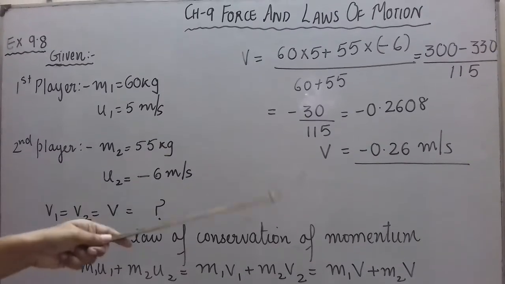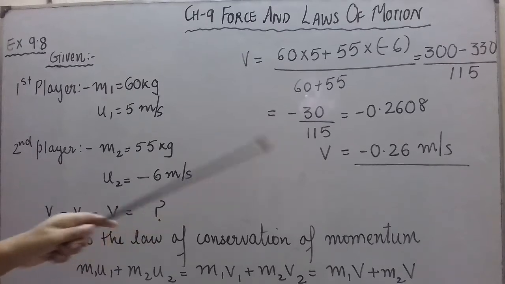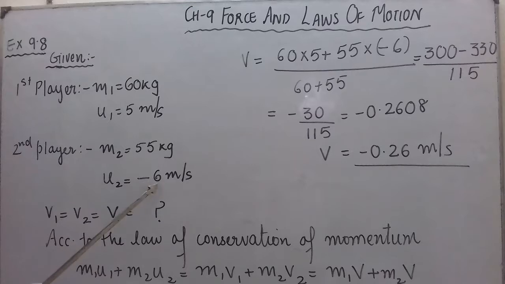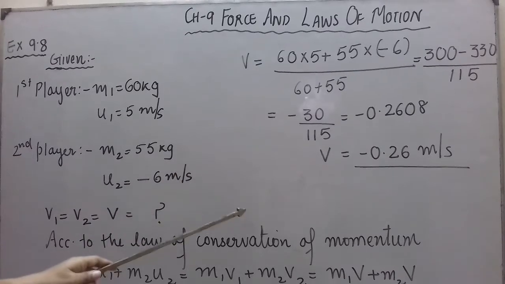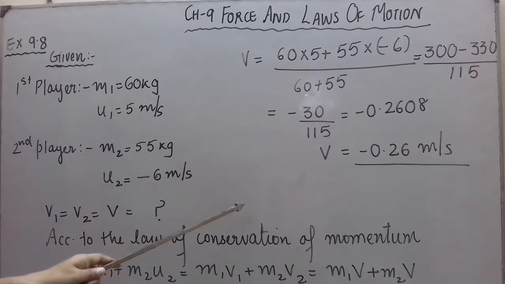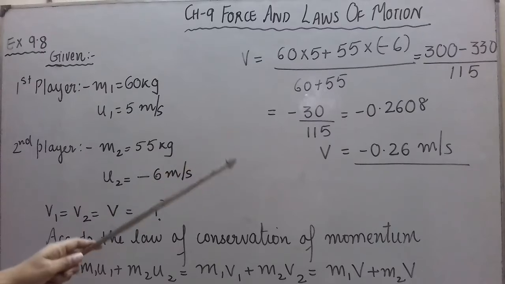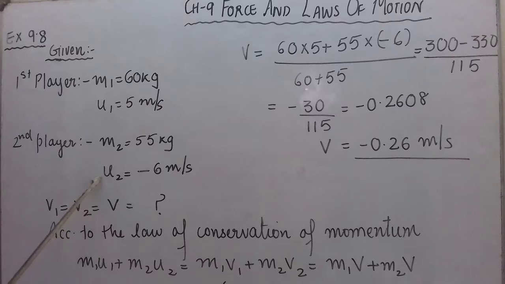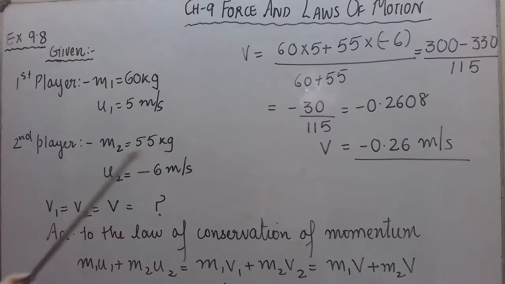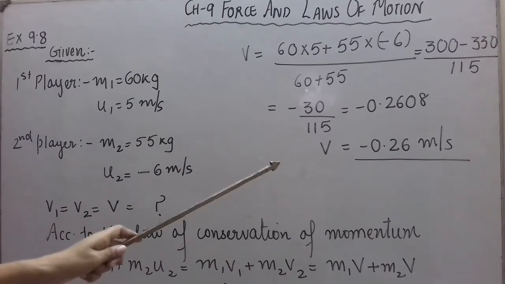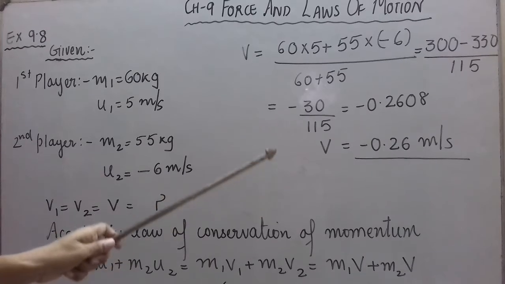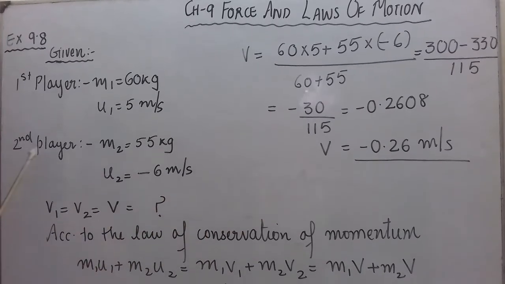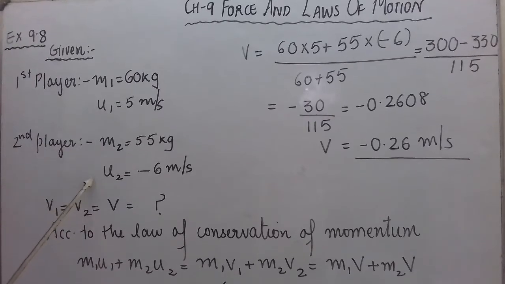So since the final velocity is negative, and here we can see in the given, the second player's initial velocity is negative, we can write that the negative sign indicates that both the players move in the direction in which the second player was moving initially. So both the players, after they get entangled, move with velocity 0.26 meter per second in the direction in which the second player was moving before collision.